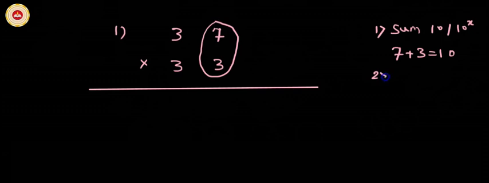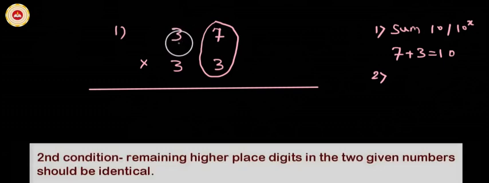What is the second condition? Excluding these last digits, the remaining higher place digits should be identical, that means equal. In multiplicand there is 3 in tens place, in multiplier there is also 3 in tens place.